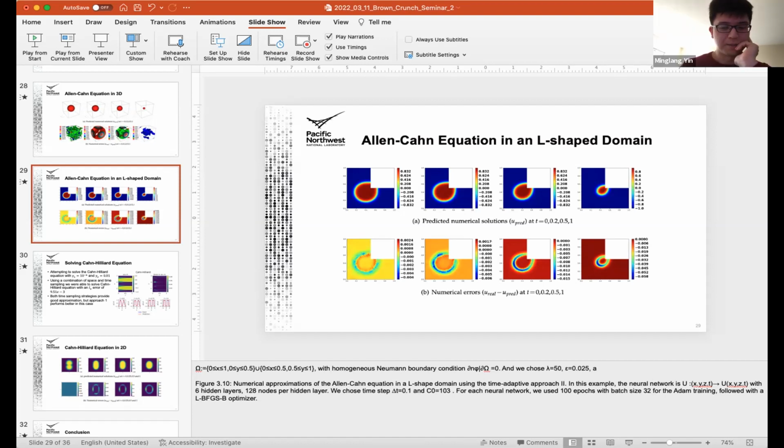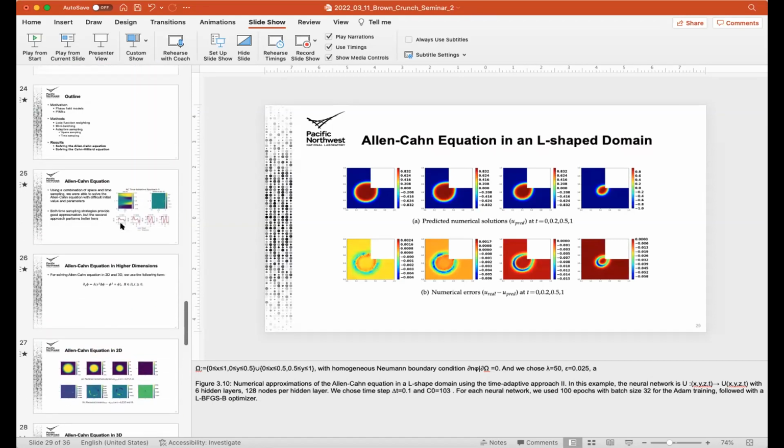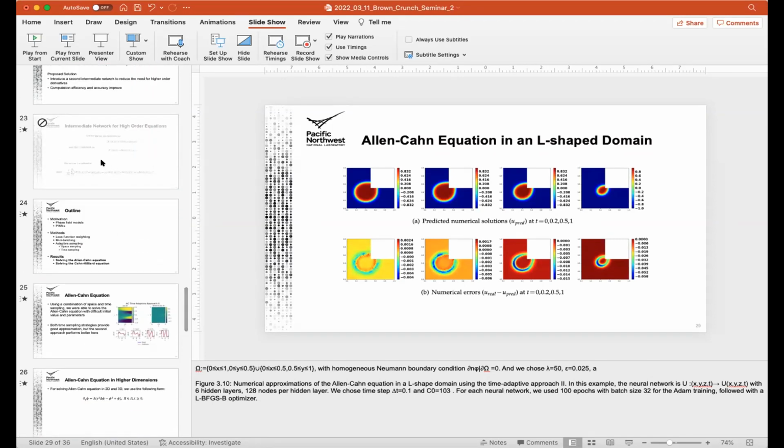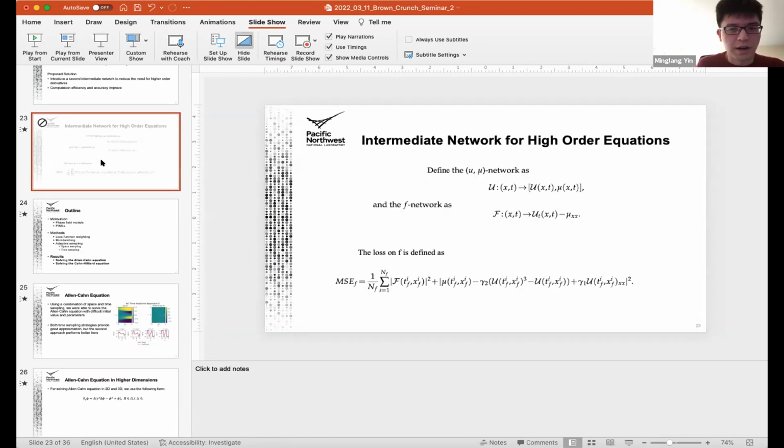Not now, but actually I have one quick question. Did you introduce a second network? Yeah, that was not clear, Colby. If you have a plot or something to show how you introduce the intermediate network to compute the derivatives, because I found it really hard to compute the fourth order derivative if you just use one network. Right, I agree. Even reading the paper, maybe it wasn't entirely clear.